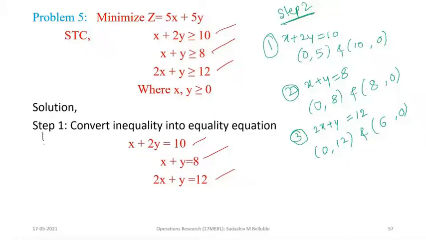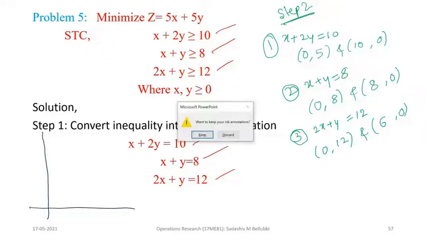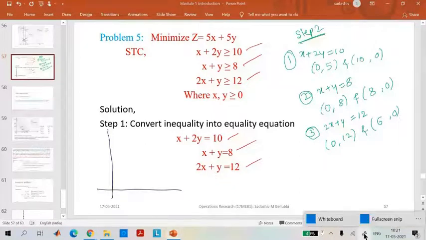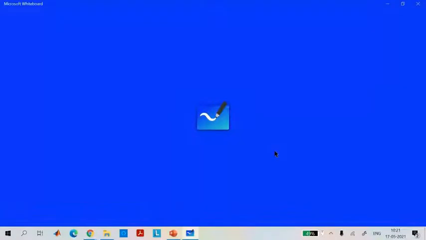Draw a vertical line and a horizontal line. Create a graph sheet. If you have a graph sheet, then you need to draw on the graph sheet only. Here I am using the whiteboard.